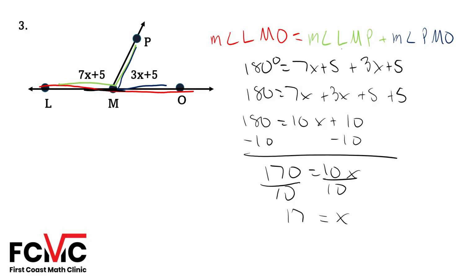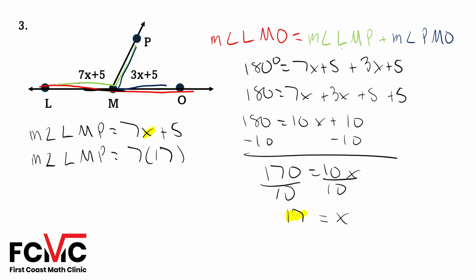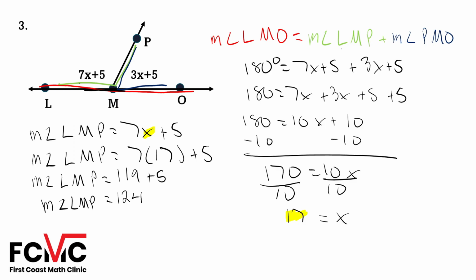Now let's solve for each angle. So we'll start with the measure of angle LMP, which is 7x plus 5. So I'm going to put 17 in for x. So LMP is going to be equal to 7 times 17 plus 5. 7 times 17 is 119 plus 5, which is going to give me 124. So the measure of angle LMP here is 124.